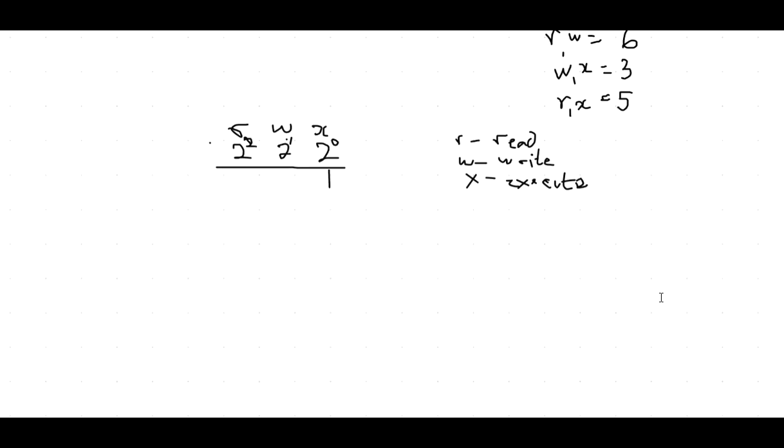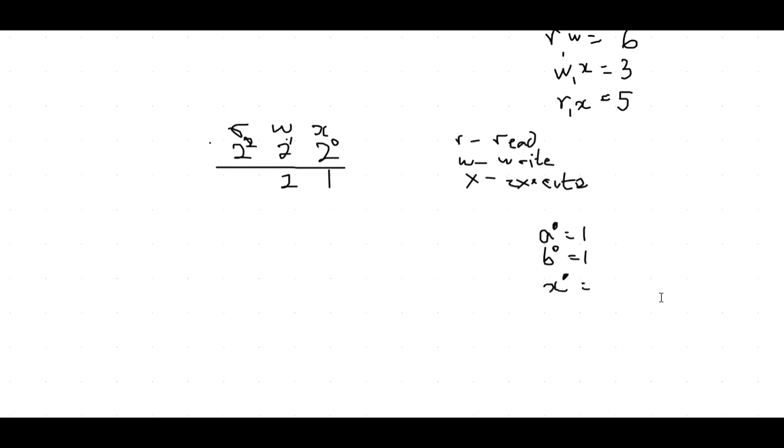Anything to the power of 1 is that thing. So we say A to the power of 0 is 1, B to the power of 0 is 1, X to the power of 0 is 1.